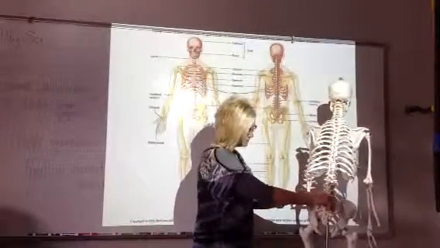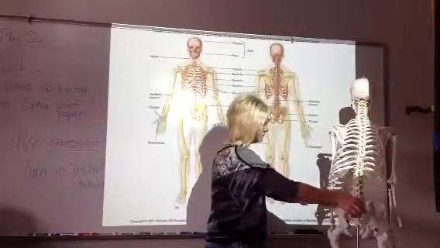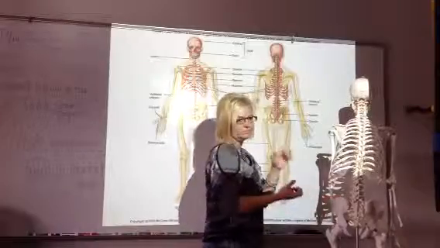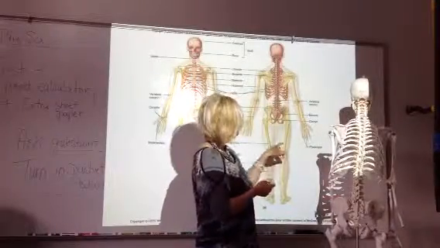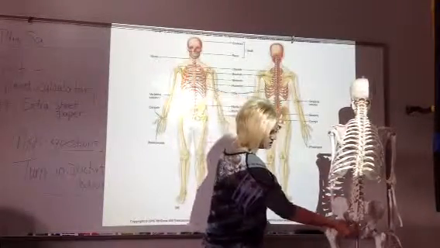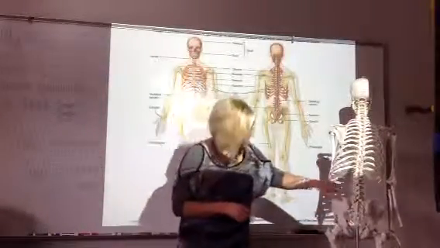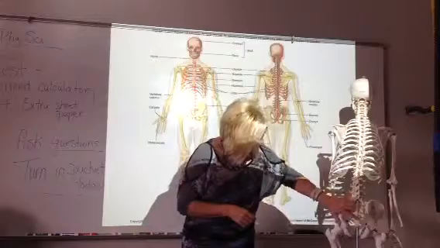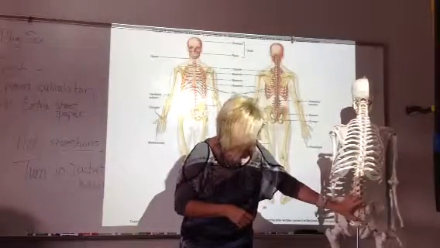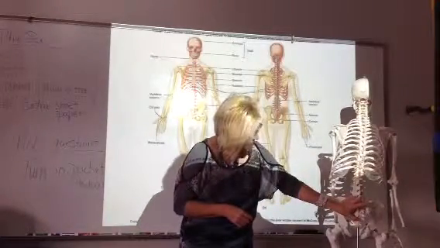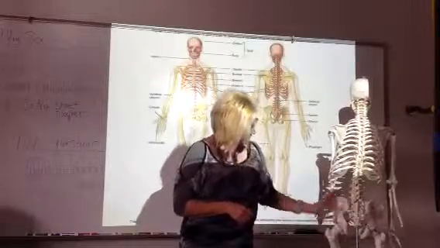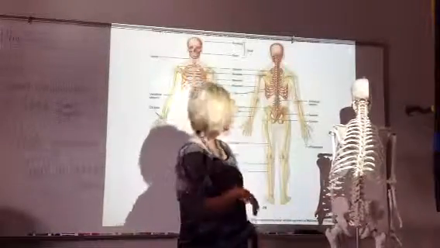Sacrum is going to be these fused vertebrae, fused together. And then the coccyx is just the little tailbone part way down at the bottom. So if I count 1, 2, 3, 4, 5, there's 5 fused vertebrae that make up the sacrum, and then the coccyx is just the very bottom part of it.